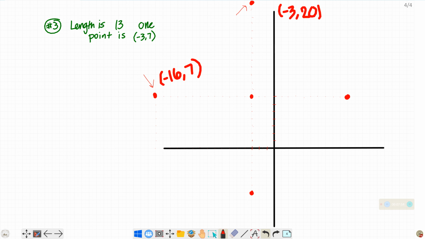Now for this one, we went 10 to the right and 7 up. This one, we go 3 to the left and 6 down. And remember, left and down are both negative. So there are all the 4 different possible endpoints that create a line segment that would be 13 long if it started at the point (-3, 7).